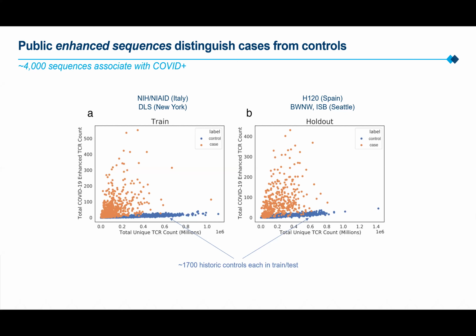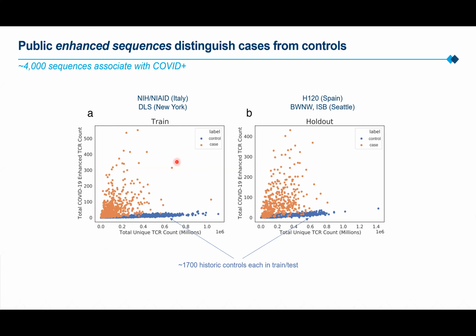All we're doing here is first identifying with Fisher's exact test public clones that associate with the endpoint, in this case, COVID-19 diagnostic. And then on the y-axis, we're showing the number of these COVID-19 associated TCR public clones versus the number of unique clones that were pulled out of the repertoire.